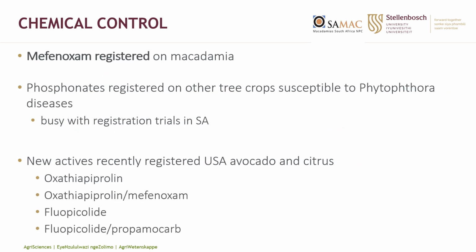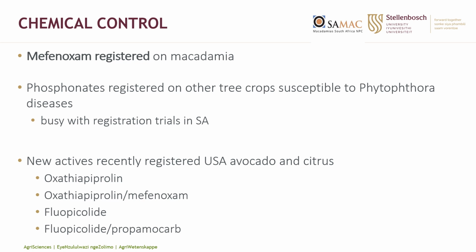There are basically two compounds that can be used for managing Phytophthora worldwide on different tree crops. The first is mefenoxam, which has recently been registered on macadamia, and the second is phosphonate, which we are currently busy with registration trials for in South Africa, but in other countries it is registered for managing Phytophthora on macadamia.